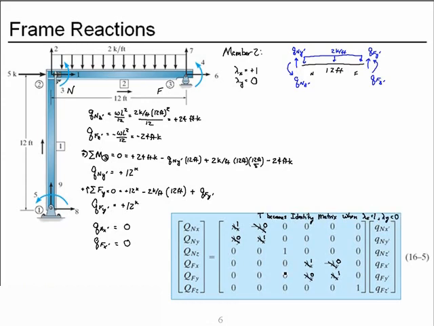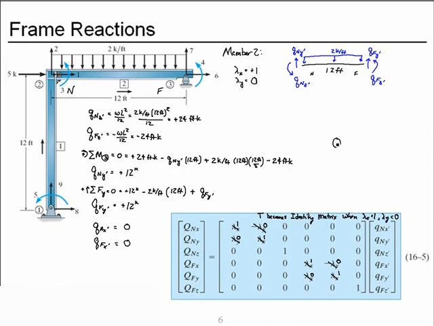The translation to that is when the local coordinate system, near to far, is the same as the global coordinate system, x, y, then there is no transformation necessary. The local fixed end forces are also in global coordinates.